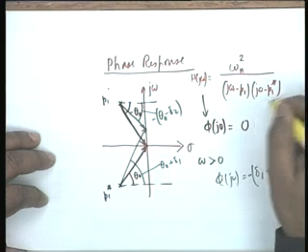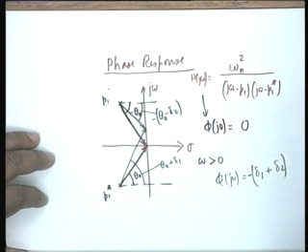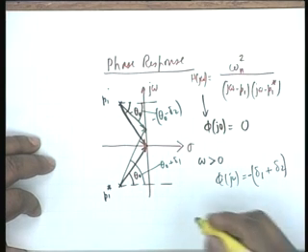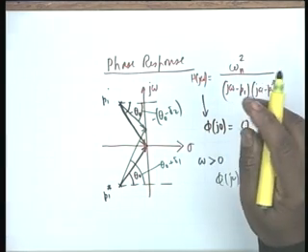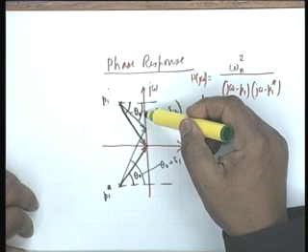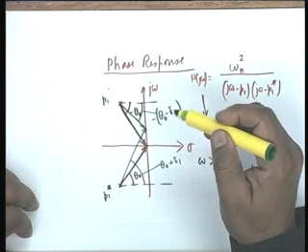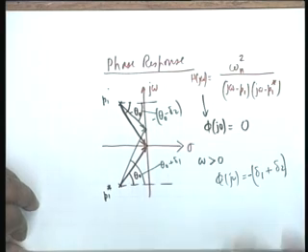Because these angles are in the denominator, you have to take them to the numerator, so the sign is negative. The next point that I have to consider is that as soon as we cross the peaking, that is omega m, well, we will come to that later.